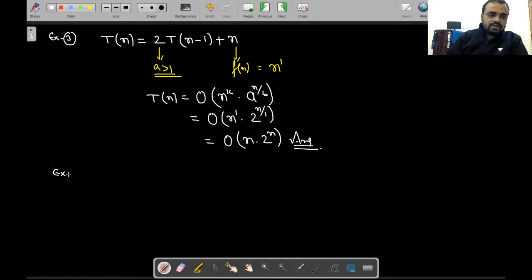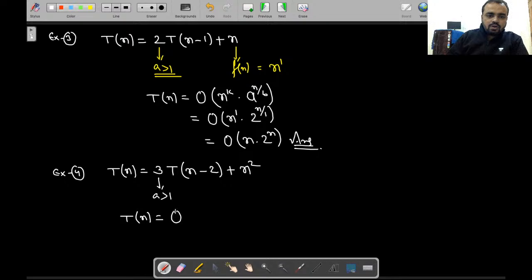Similarly, take one more example. Suppose T(n) is given as 3T(n-2) + n square. In this situation the value of a is greater than 1, so T(n) will become order of n to the power k into a to the power n by b. What is the value of b over here? Please try to understand.